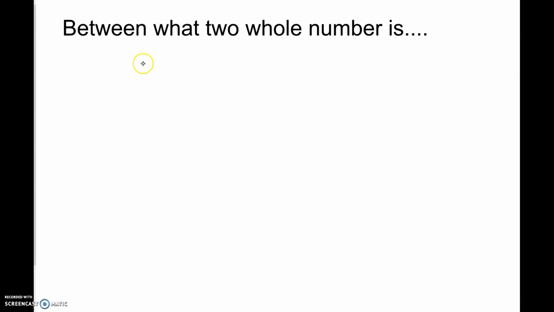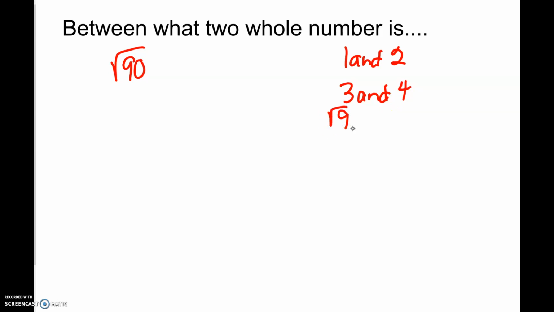All right, between what two whole numbers? So if we have the square root of 90, what two whole numbers is that between? Is it between 1 and 2? Is it between 3 and 4? Now remember, the square root of 9 gives me 3, and the square root of 16 gives me 4.